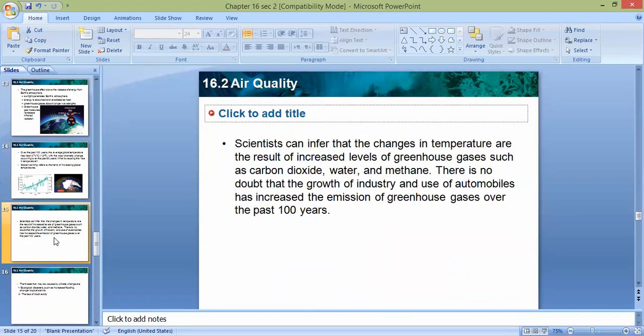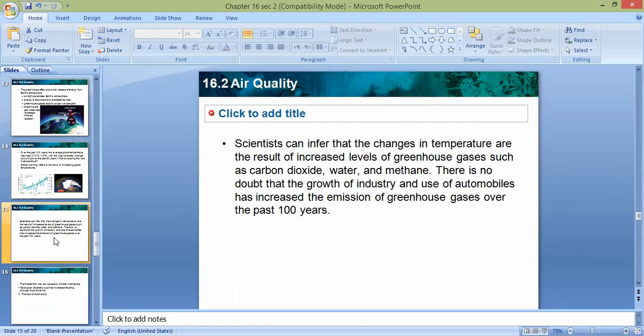Scientists infer that the changes in temperature, what is the main reason for causing global warming? It is greenhouse gases. Carbon dioxide, methane and water vapor increase above the normal. There is a big increase, so as a result, increased levels of greenhouse gases such as carbon dioxide, water and methane.